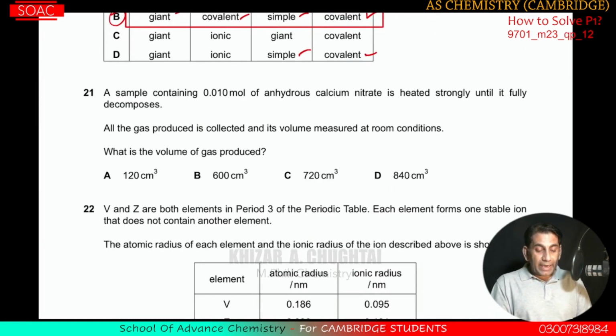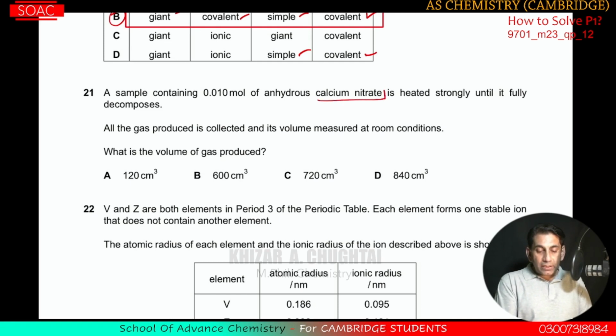Question number 21. A sample containing 0.01 mole of anhydrous calcium nitrate is heated strongly until it fully decomposes. All the gas produced is collected and its volume measured at room conditions. What is the volume of gas produced?